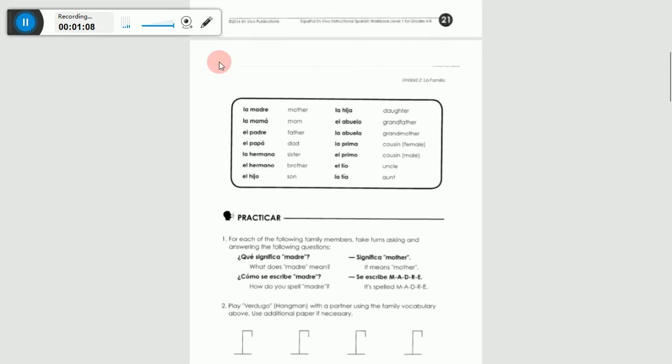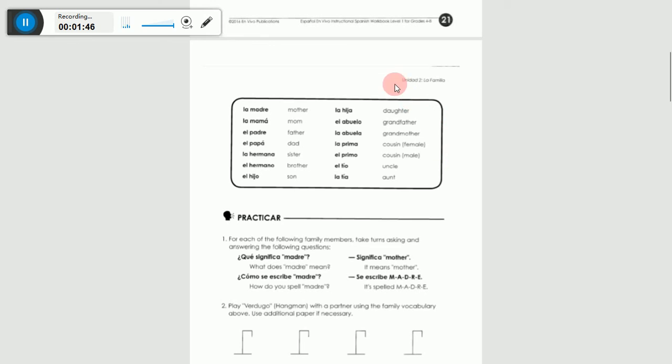Let's look at the vocabulary. I will read them to you. La madre, la mamá, el padre, el papá, la hermana, el hermano, el hijo, la hija, el abuelo, la abuela, la prima, el primo, el tío, la tía.